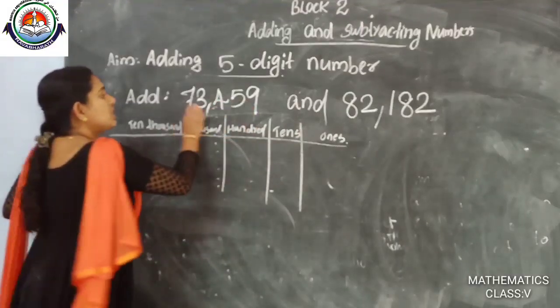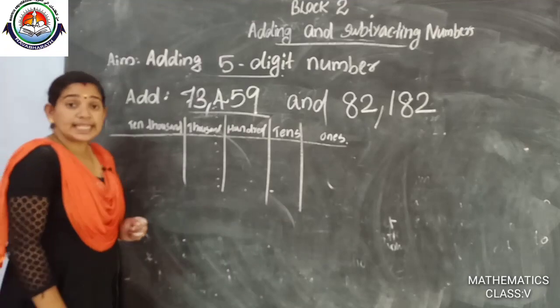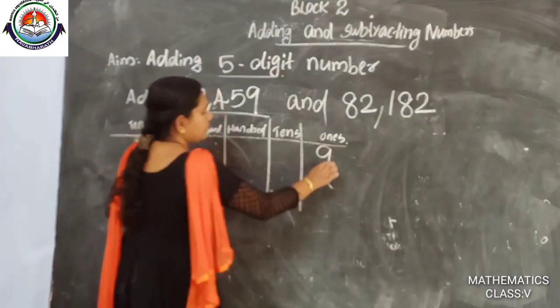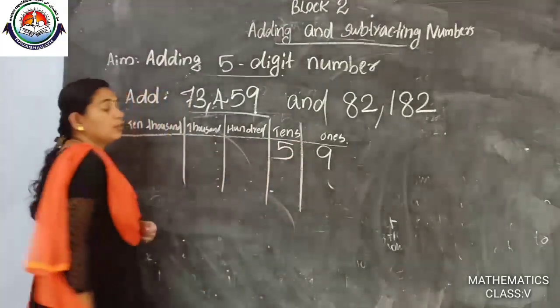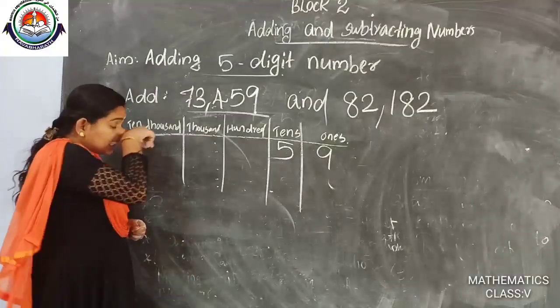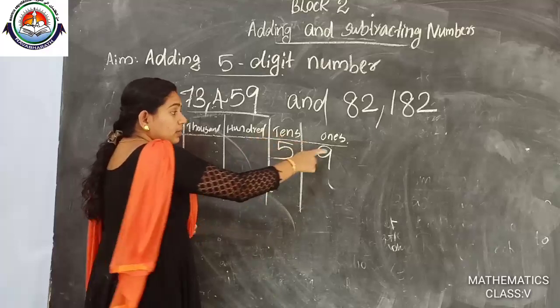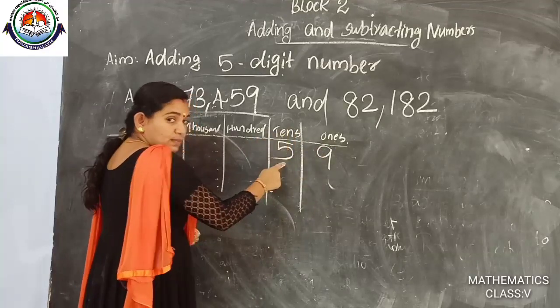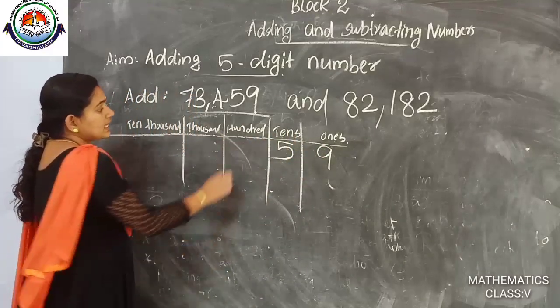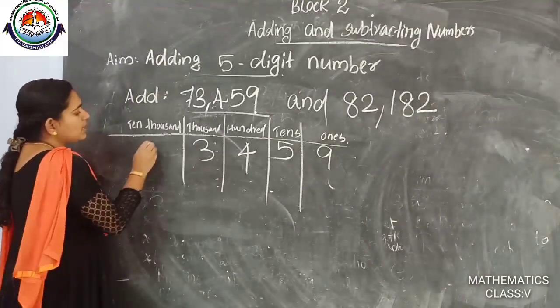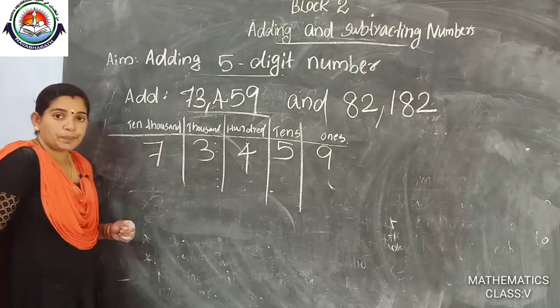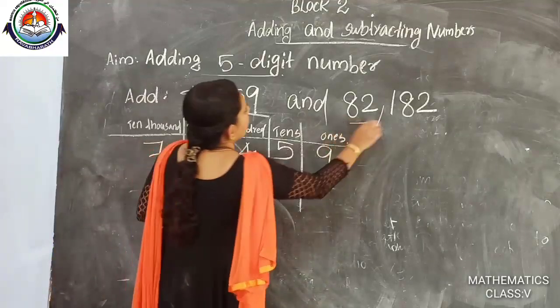Here this is the first number. The ones place is 9, the tens place is 5, sorry. The ones place is 9. The tens place is 5. The hundreds place is 4, the thousands place is 3, the ten-thousands place is 7. Okay. Then the second number we are arranging.